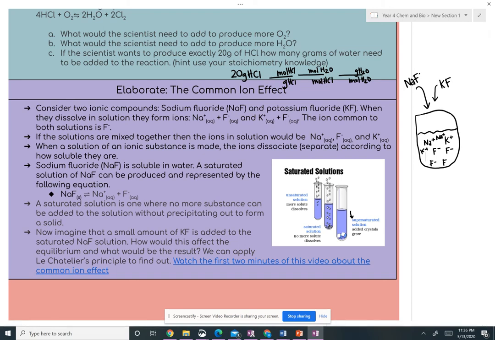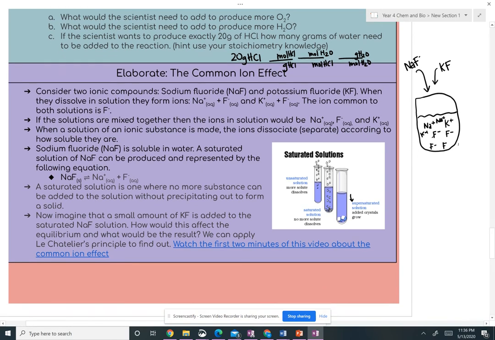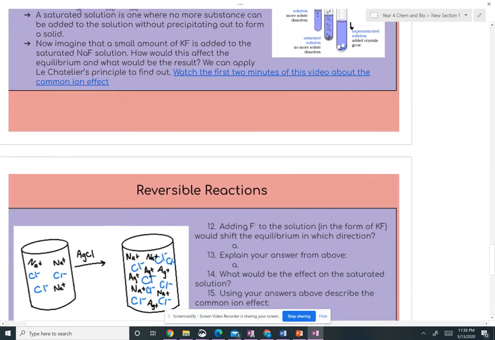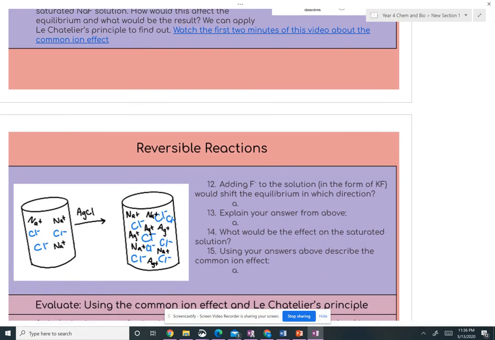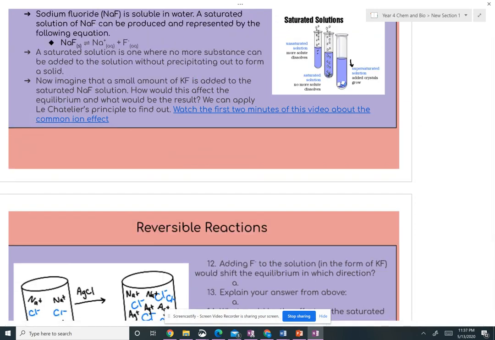Eventually, over time, none of these solutions are going to be able to dissolve anymore, because I have way too many F minuses. Because I have so many of these, it will slow down how much we'll be able to dissolve into that solution. That is what happens in the common ion effect: you end up with double that, and your solution saturates more rapidly because of that.